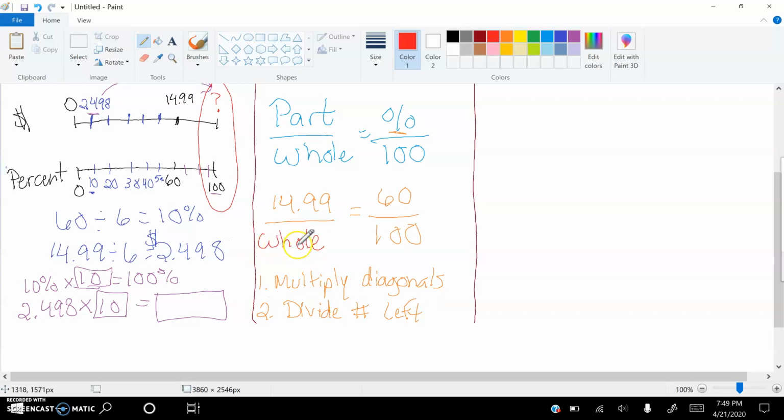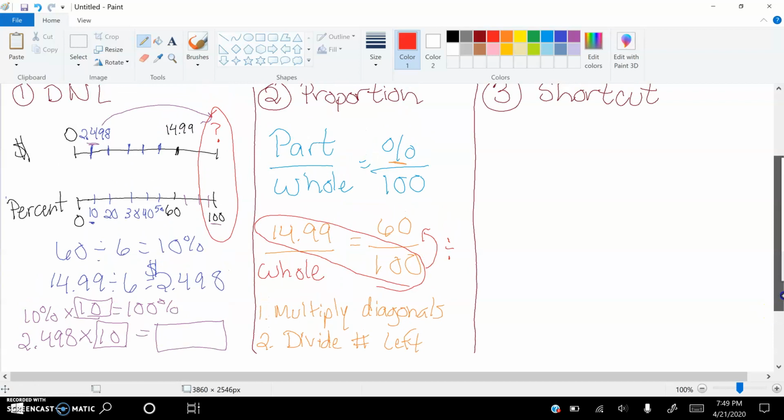So I don't have the whole amount, so this is not the diagonal we're going to use. We're going to multiply 14.99 times 100, that's our diagonal. And then we have the number 60 left, so that's what we will divide our answer by. So if you do those two steps, you will get the original price of the phone case.